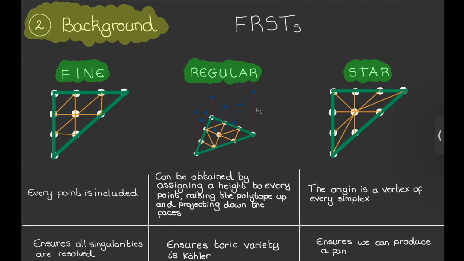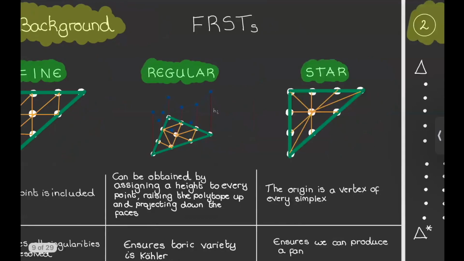And this regularity condition, we want it because it ensures that the resulting toric variety is projective. And then finally, the star triangulation just means that every simplex in the triangulation includes the origin as a vertex. And then this just ensures that we can produce a fan. So yeah, I'm going to move on now to just focus on the polytopes. But then when I get to the second half of the project, we're going to come back to triangulations.